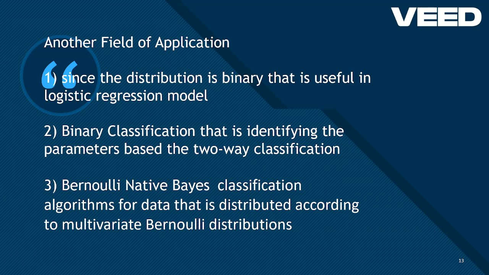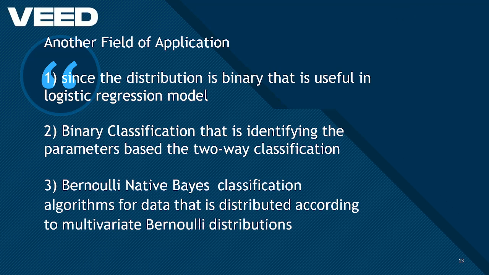In image classification, where in binary classification we identify parameters based on two classes, we can use the Bernoulli distribution. For example, if you want to predict the image of a particular object, we can give information about the two objects and the algorithm will predict which class this image belongs to.